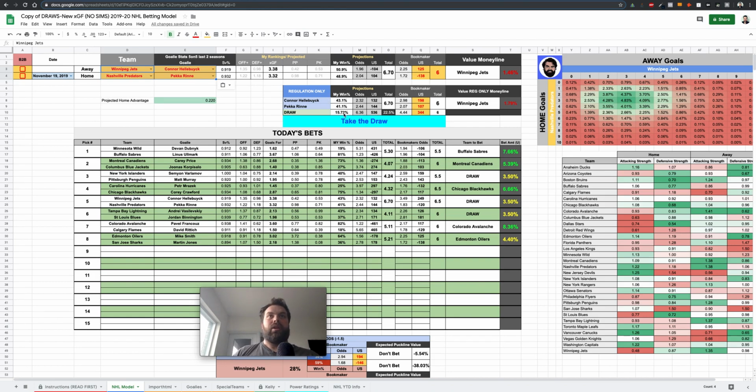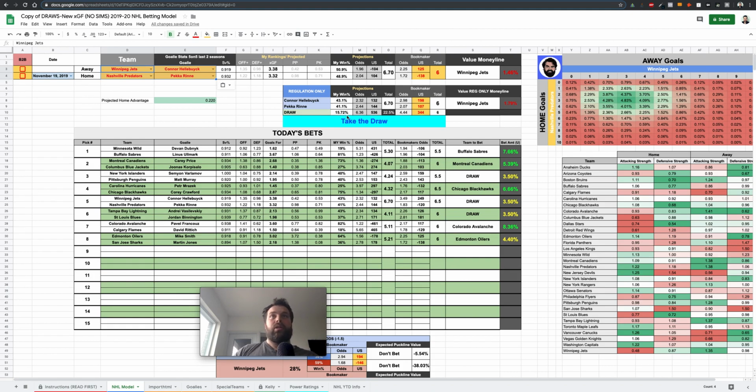What down here is saying is essentially neither team has a 50% or greater chance of winning in regulation. Whenever I see that, and I also see there's not a lot of value in either the regulation-only or the OT-included money lines, which I've already run, I know these numbers aren't correct, but even with the correct numbers, this is the outcome. In that case, I'll take the draw.